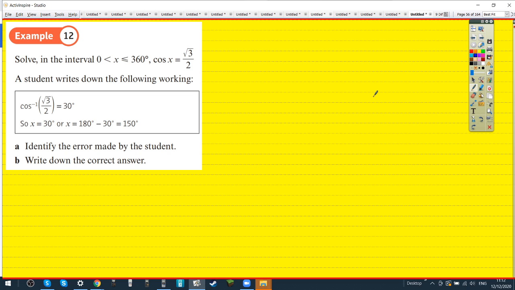Okay, so x equals 30 between 0 and 360. Yeah, it is. Now all the solutions between 0 and 360. So 360 minus 30, would that be right? Yep, which gives you 330 degrees. Identify the mistake the student made.